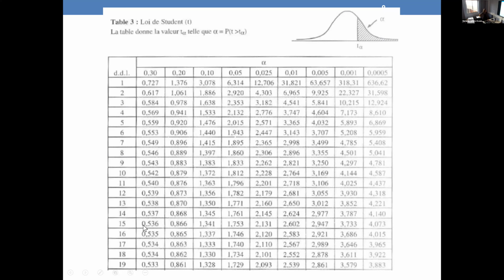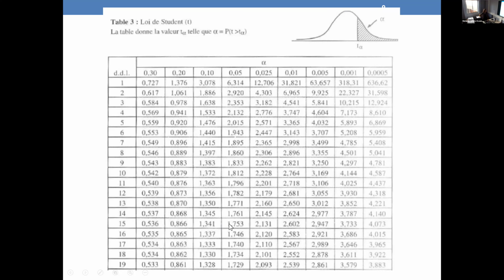So we look for the value corresponding to 5%, alpha equals 5%. The threshold is 1.753, but you see this is on the positive side, and we are looking at the negative side because we're looking at mu less than 0.3. So we just take the negative because the student distribution is symmetrical, just like the normal distribution.